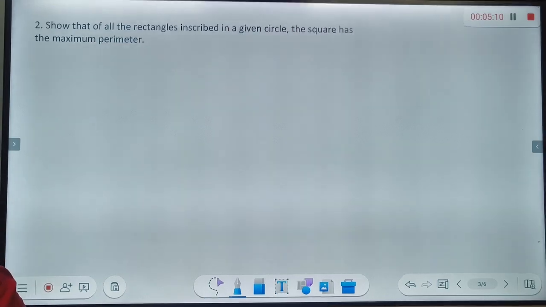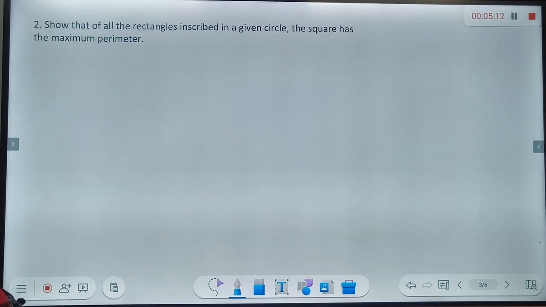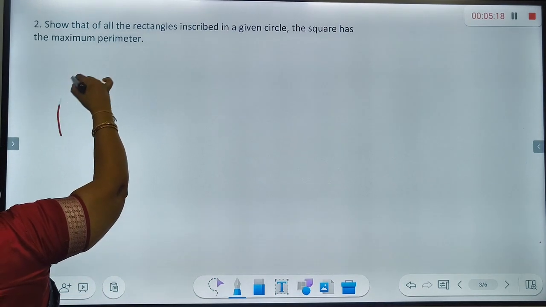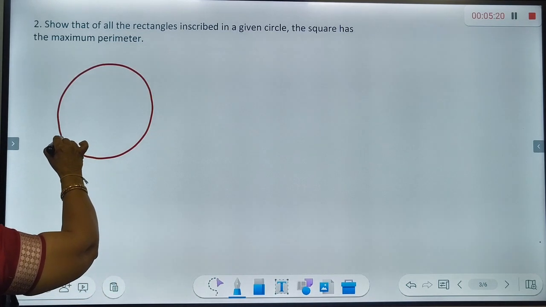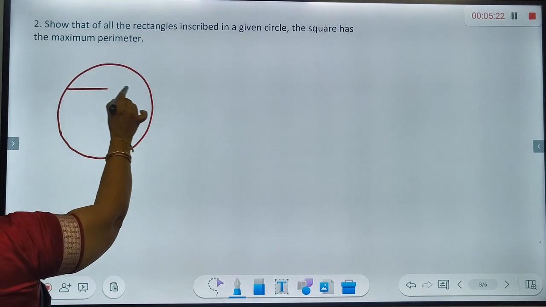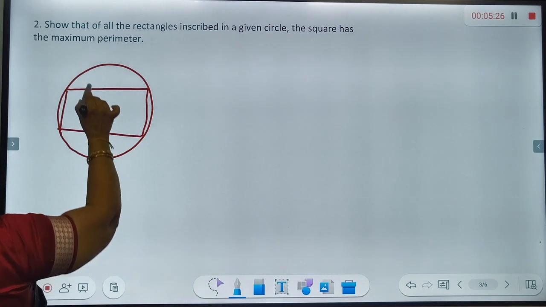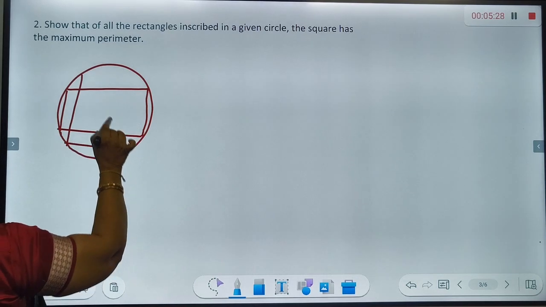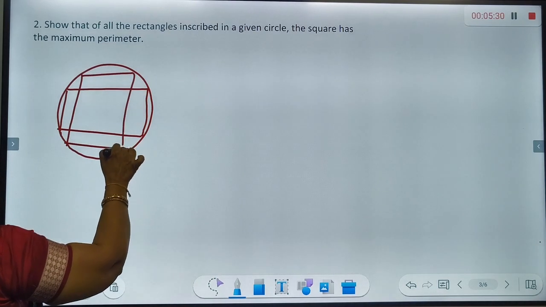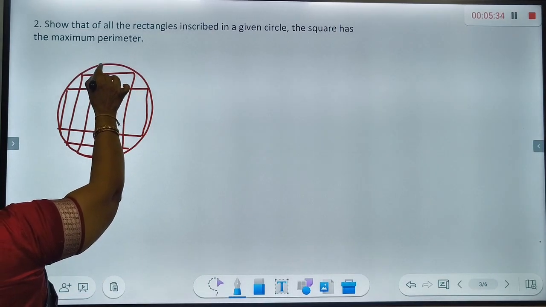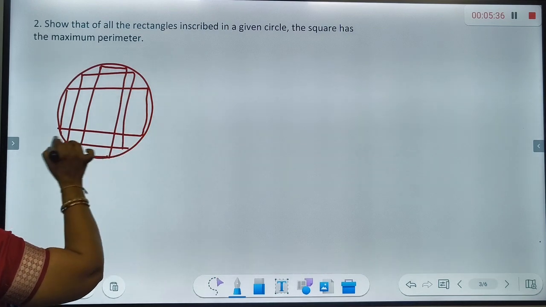Now, we have to prove that of all the rectangles that can be inscribed in a given circle, the square has maximum perimeter. If I take a circle, I can inscribe infinitely many rectangles. When I say inscribe, its vertices lie on the circle.